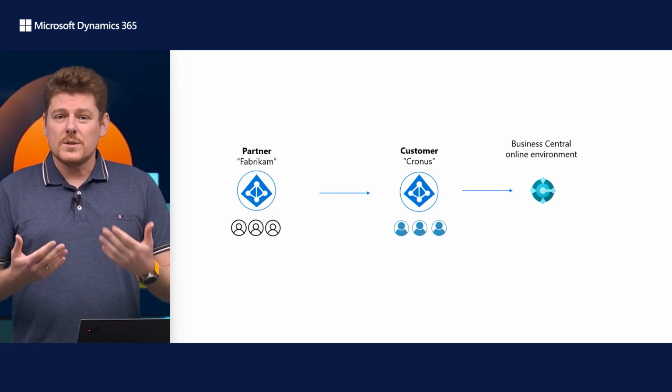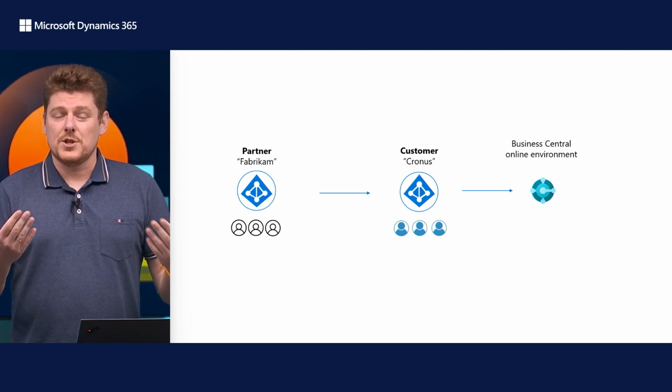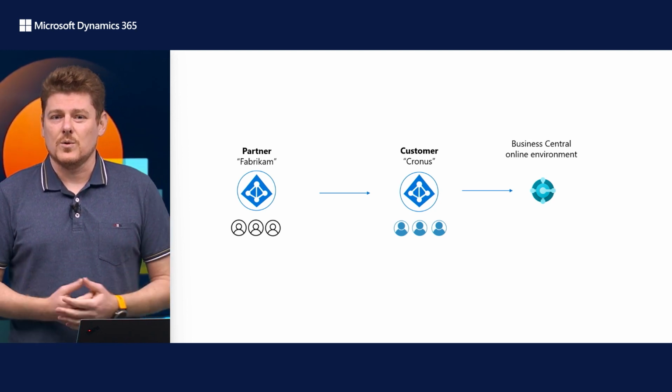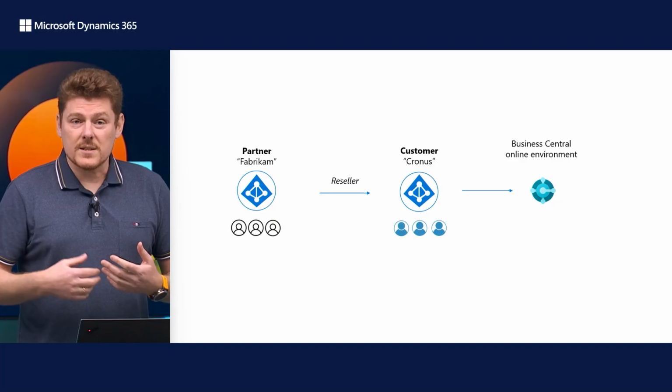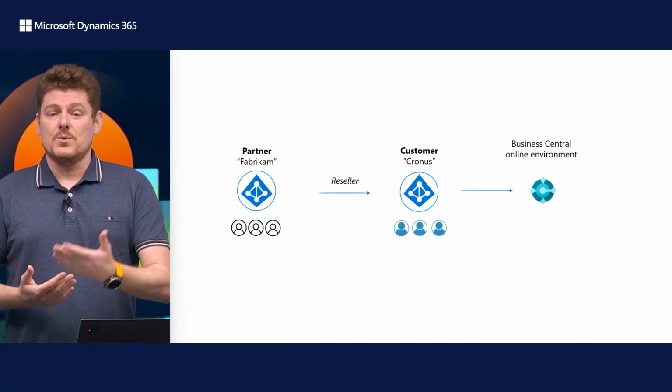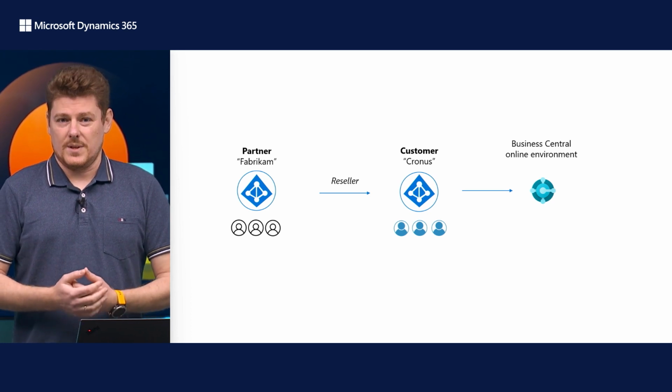So how would this partner establish a relationship with that customer in the Business Central world? This process is called delegated administration. So we would like that partner to become an administrator for this customer and thereby get access to Business Central environments, among other things. So in the past, you would know that this partner would need to request a reseller relationship with the customer.